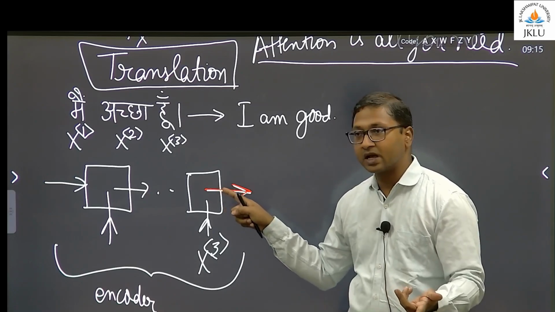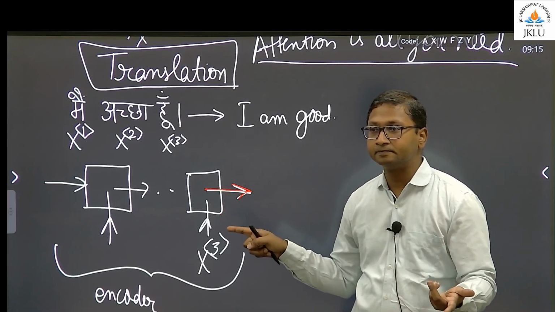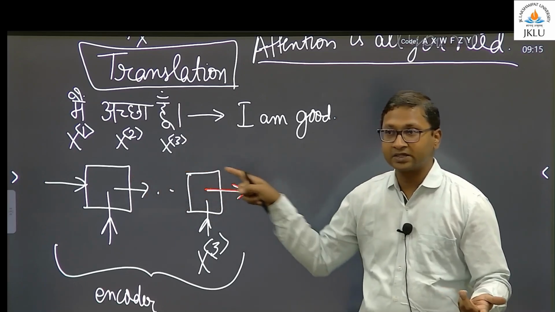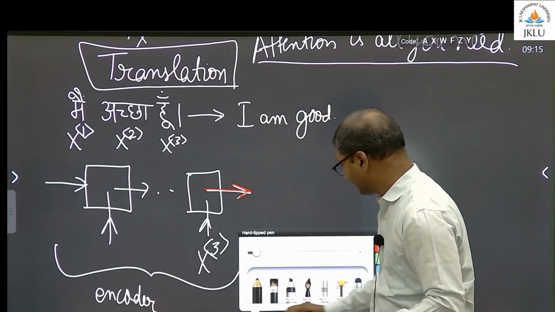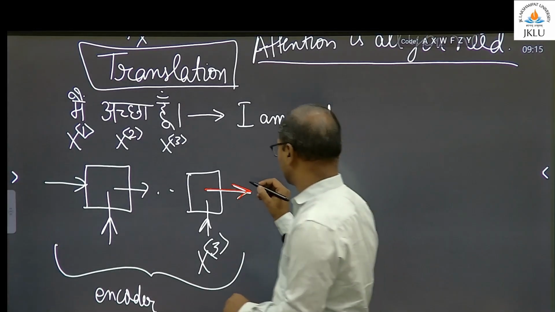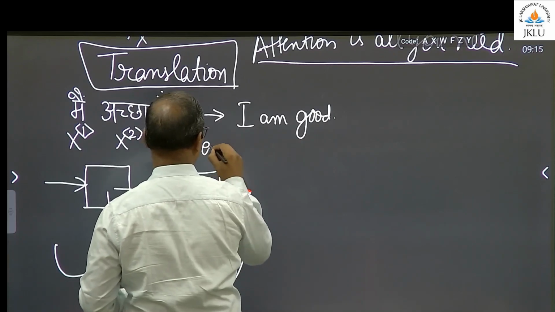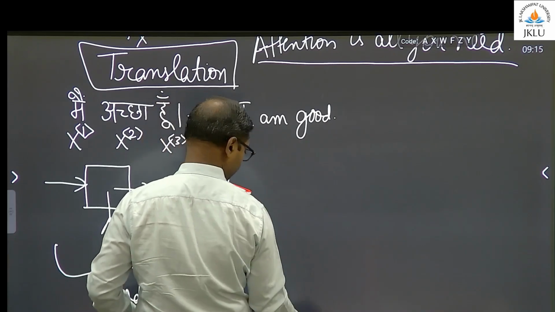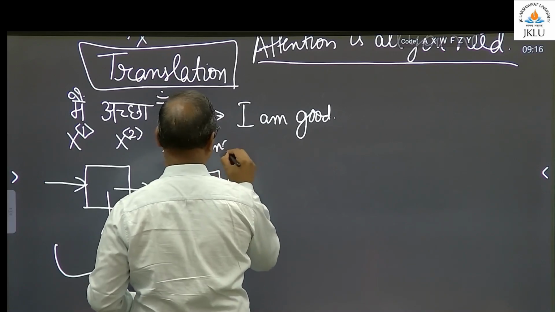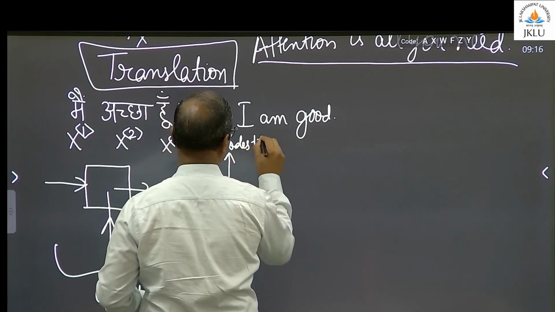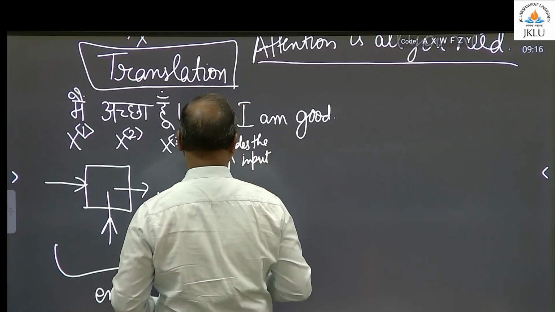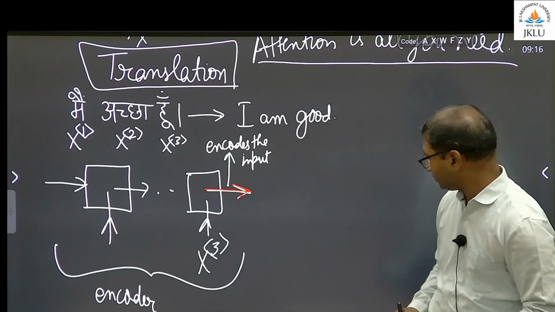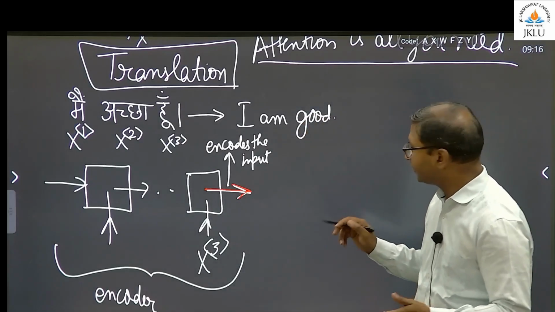This red vector, this last vector, is encoding the complete sentence, whatever was there in the encoder, this encodes the input. Okay. Now what next? What will the decoder do?